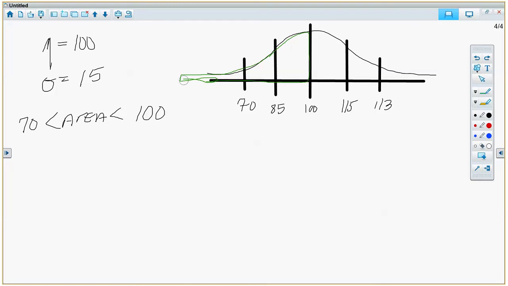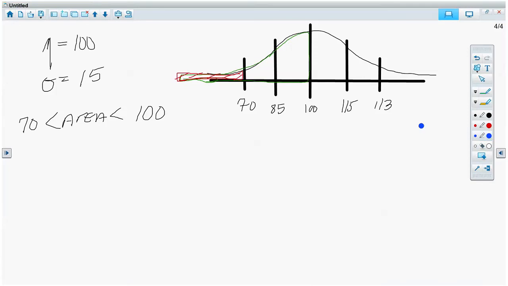The whole area in green is the whole left-hand side that goes up to 100. Okay? But we don't want what goes up to 100. We want between 70 and 100. So we need to shave off this area right here. If you shave off the red area from the big green area, then you're left with the blue area.